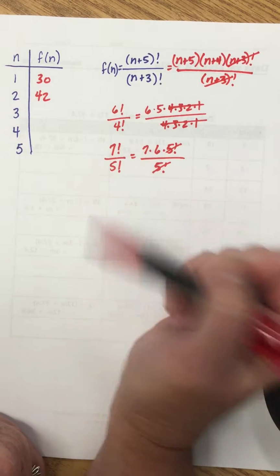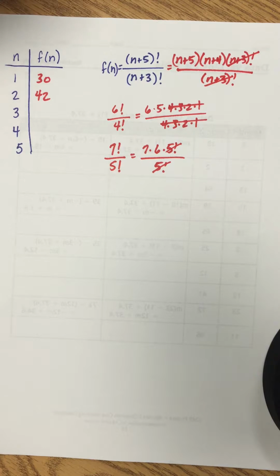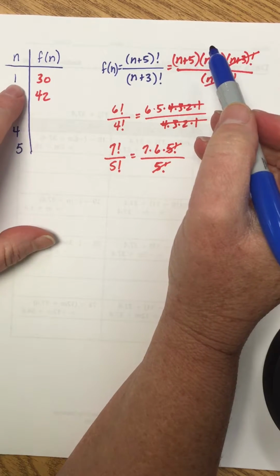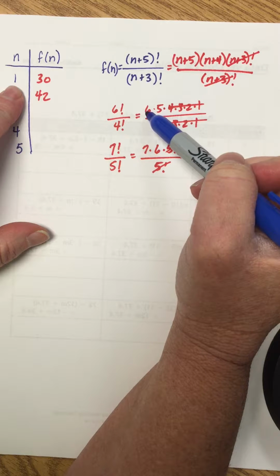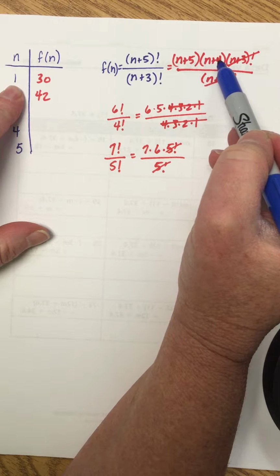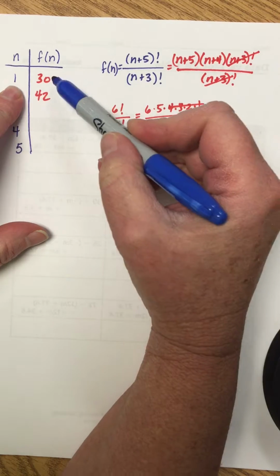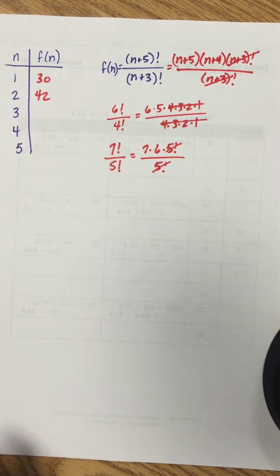Let's go back to the 2 examples that we worked and see that it works for them before we trust it for any others. So with my reduced form of my f at n, if my input is 1, then I'm going to have 1 plus 5, which is 6, times 1 plus 4, which is 5. So I end up with 6 times 5, which is 30. Let's try that again for the second input.